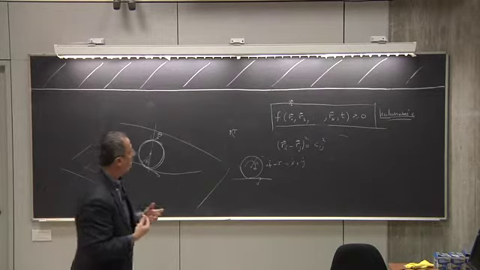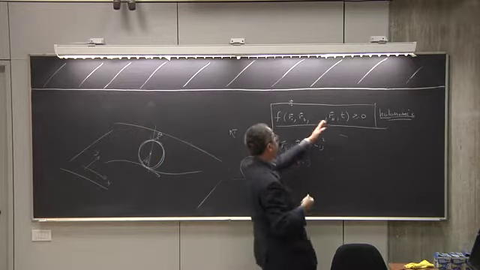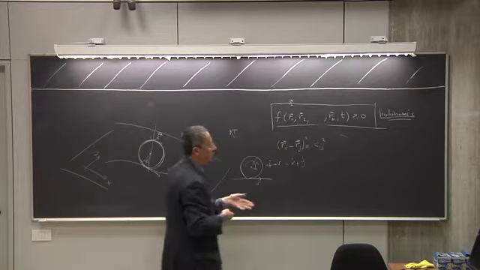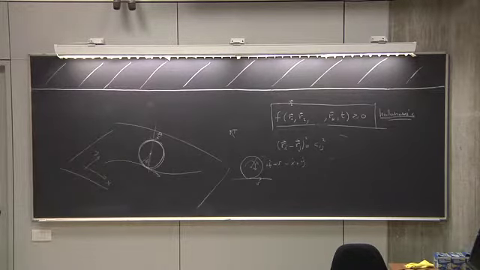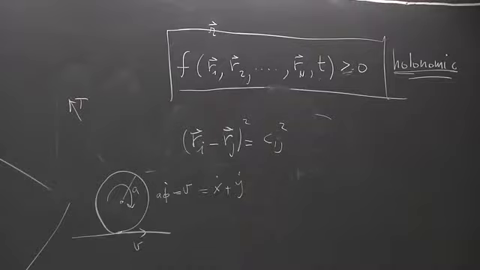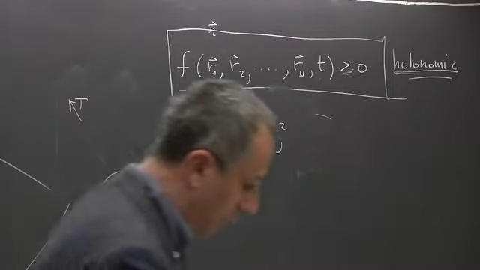So if I'm going to forget about the constraints by using the generalized coordinates, I should also be careful that the forces of the constraints are not doing any work. Okay, and that's usually the case, but it's not always true.